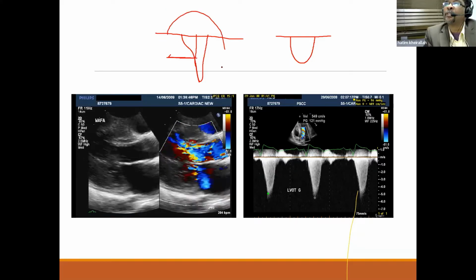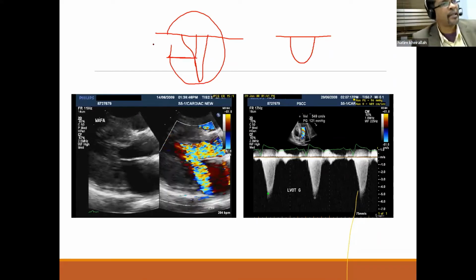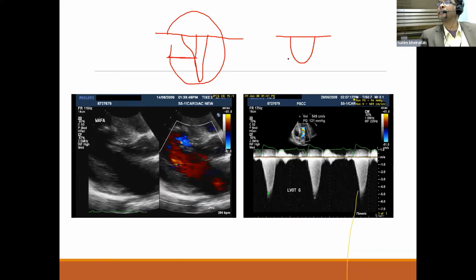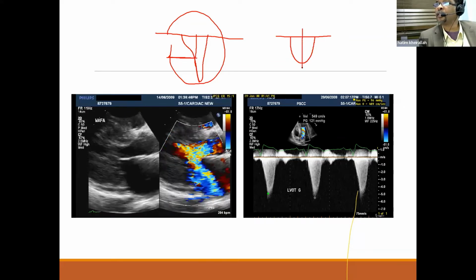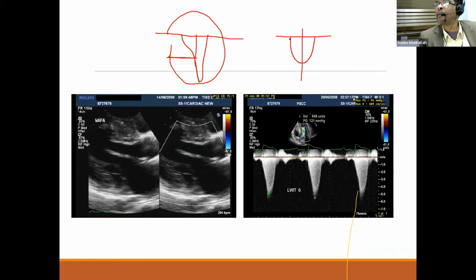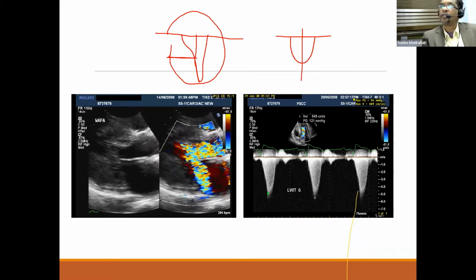So how do you describe this one? As late peaking velocities, and between two brackets, dagger shape. You can compare this to the uniform velocities across the entire spectrum in fixed aortic stenosis.